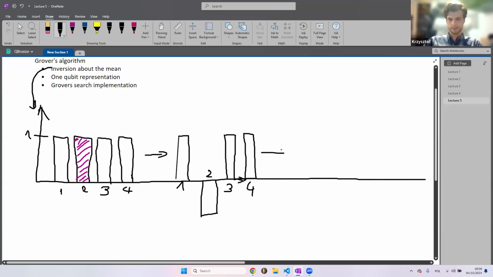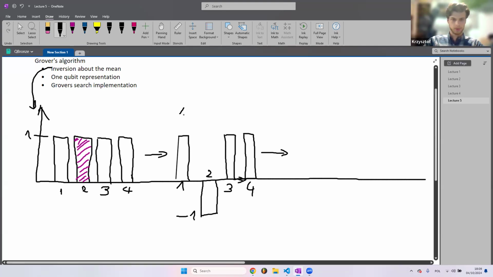In the next step, we'll calculate the mean. Let's say that each element has the weight of 1.